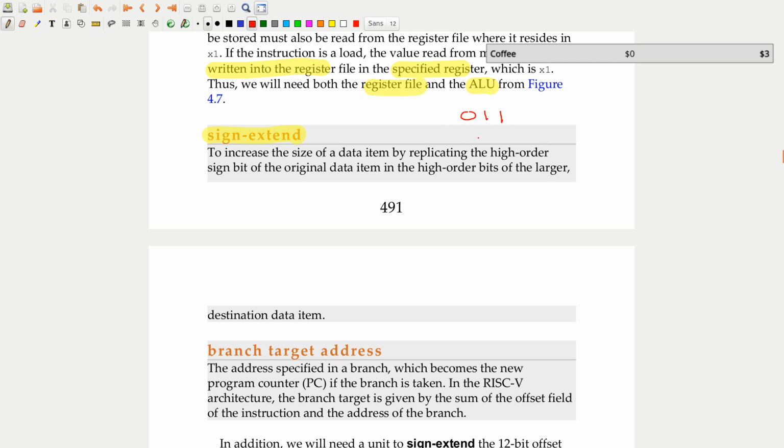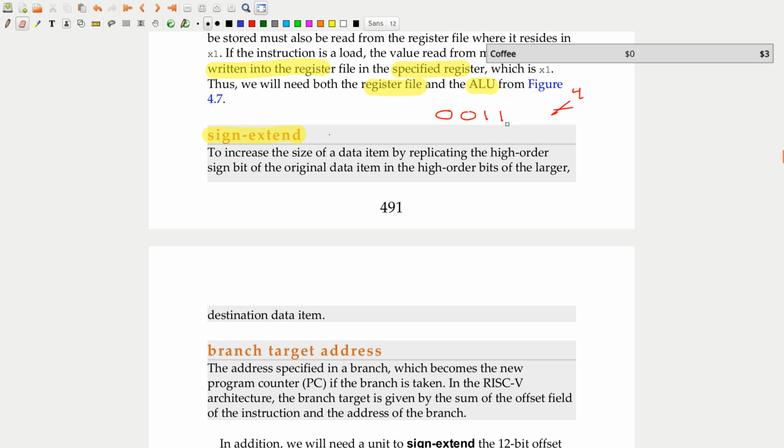Now, say I needed 4 bits, say I had a bus that was 4 wide. So I needed another bit here. With sign extension, I can take whatever the sign bit is and extend it out as many times as I need to, and the number will stay the same. For positive numbers, it's very easy to see this. If we add a 0 here, we still get the number 3.